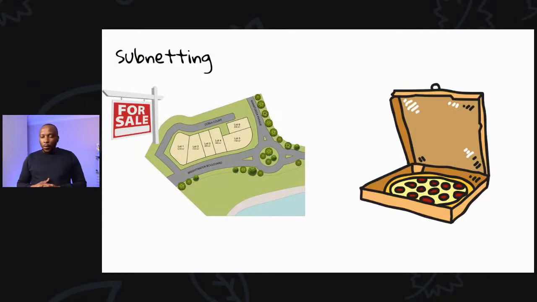All right, so here we go. The last time I mentioned that when you're subnetting, I want you to think of a box of pizza and you needing to share it amongst different people.